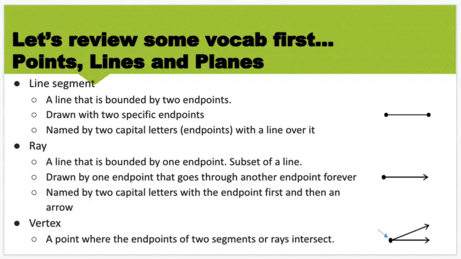It's named by 2 capital letters with the endpoint first and then an arrow. So when you name a ray, order matters. If this point was A and there was another point labeled here, we would call it ray AB. We couldn't call it ray BA because we have to start with the endpoint. A vertex is a point where the endpoints of 2 segments or rays intersect.